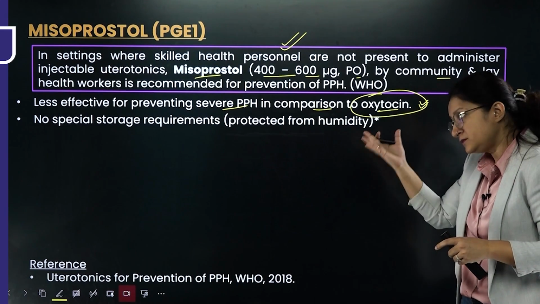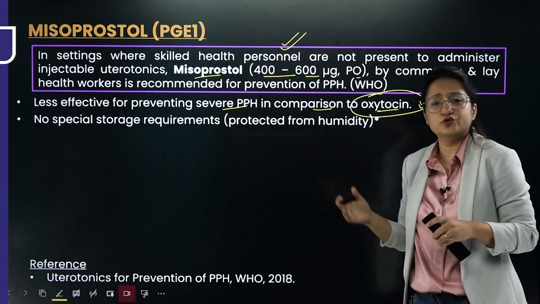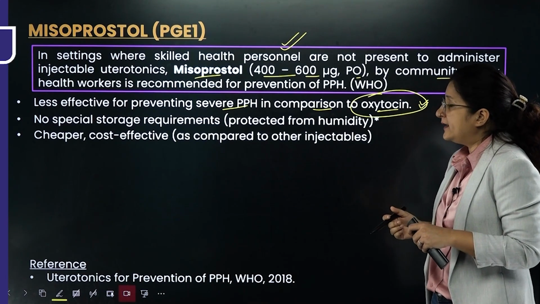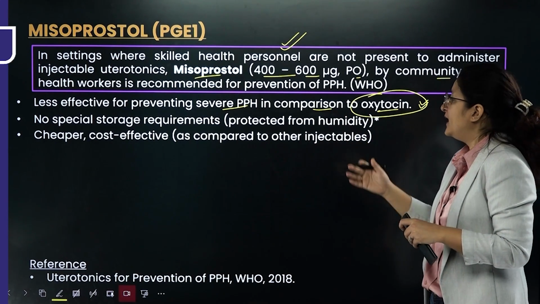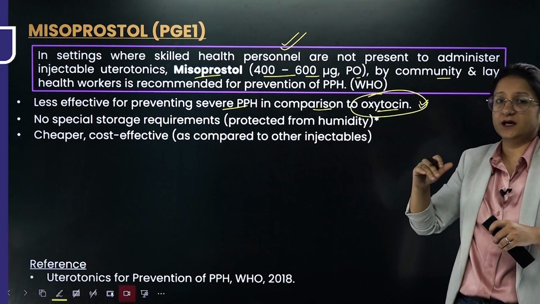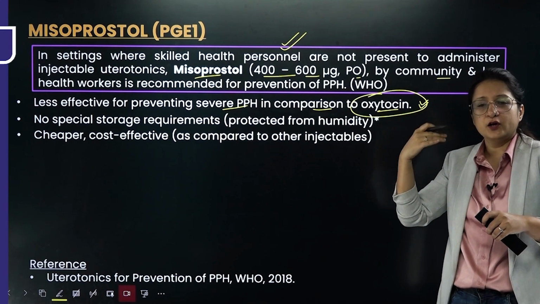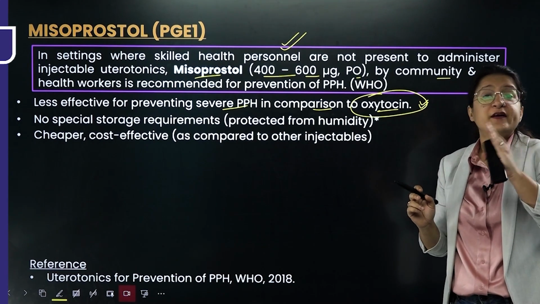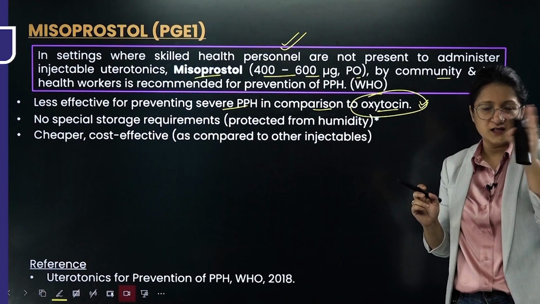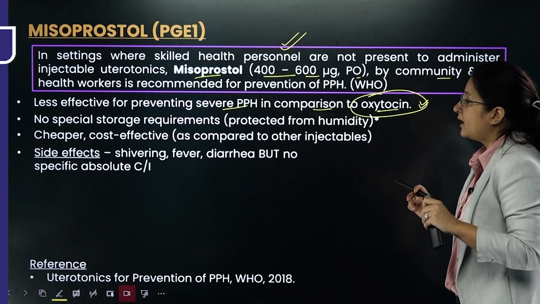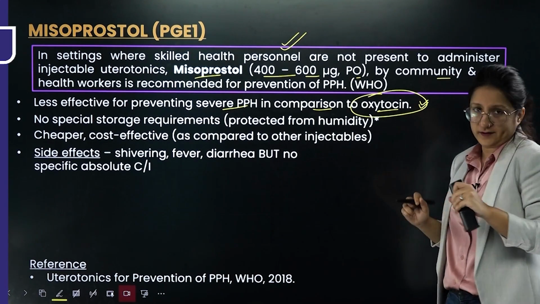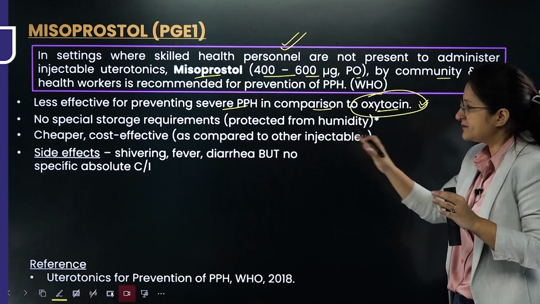Okay. So in those circumstances, if you have misoprostol, one can use it, right? It's cheaper, it is cost effective as compared to the other injectables like methergin or syntometrine. Syntometrine is the fixed dose combination of methergin and oxytocin. Now the side effects, however, is a limiting factor, but most of the times these are manageable.